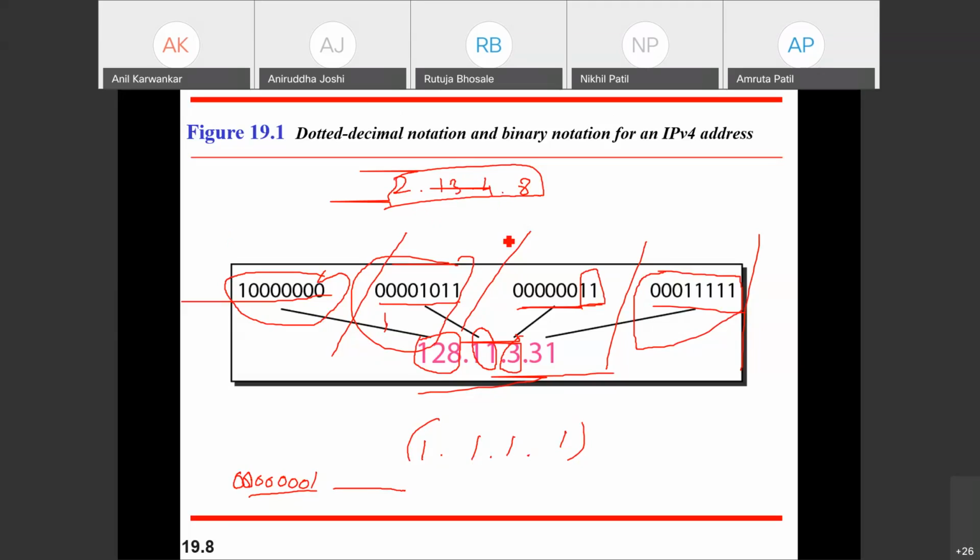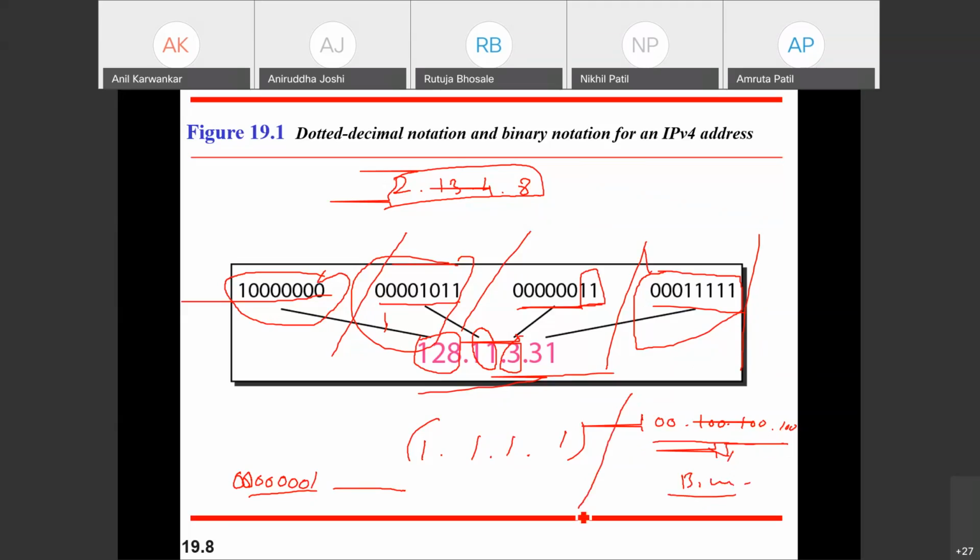Okay, I will give two examples. First is, just put 100.100.100.100. This is the IP version 4 address. Transfer it to the binary form and put your answer in the chat box.